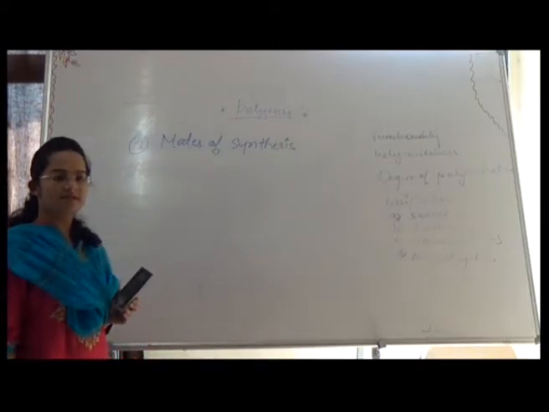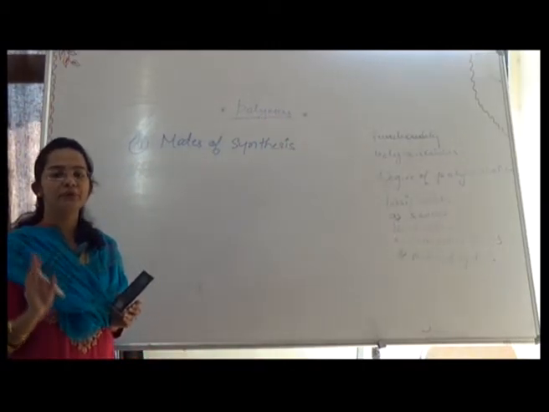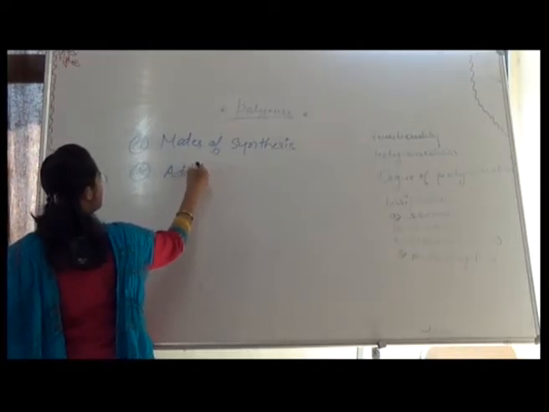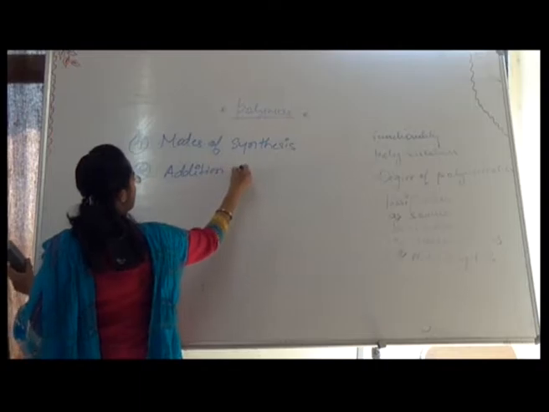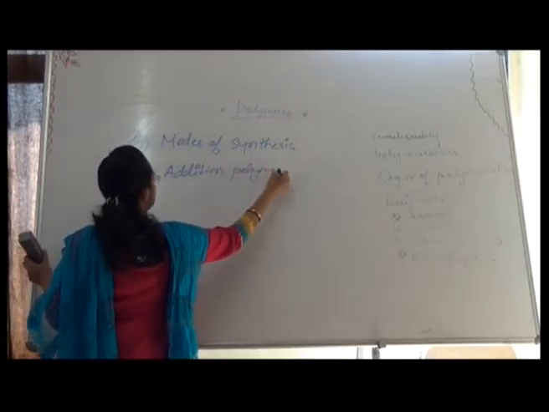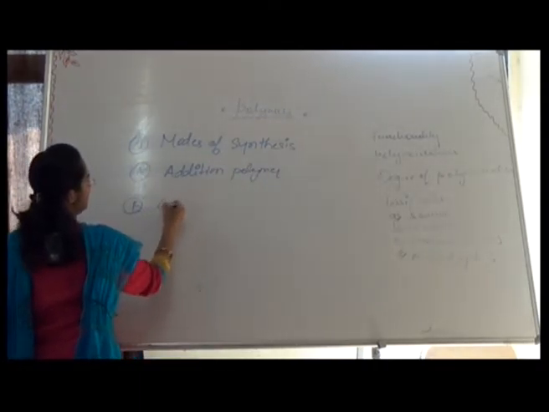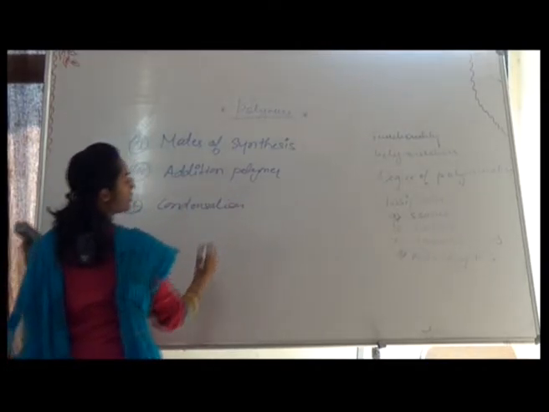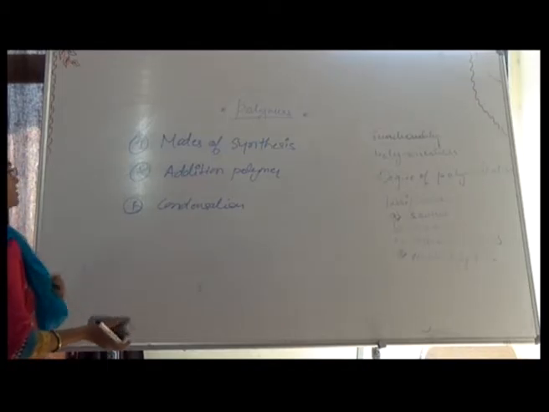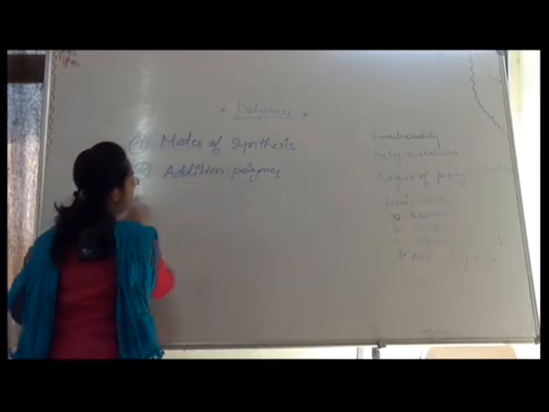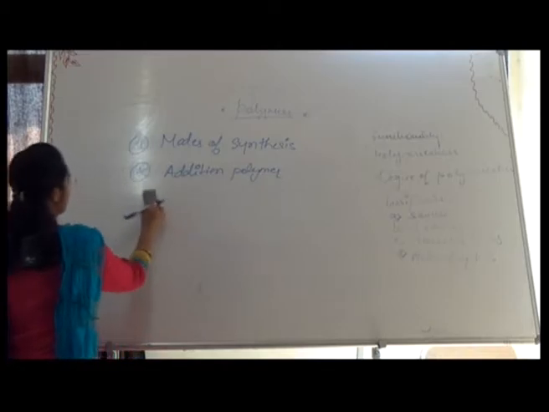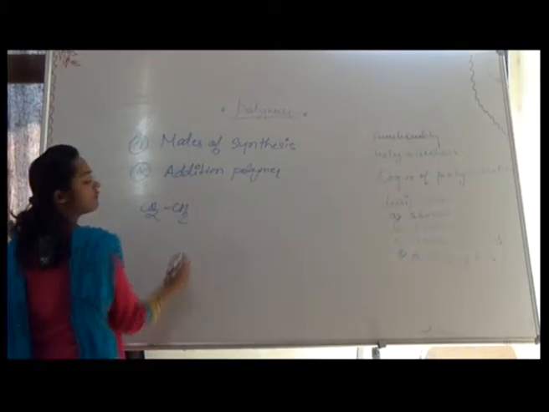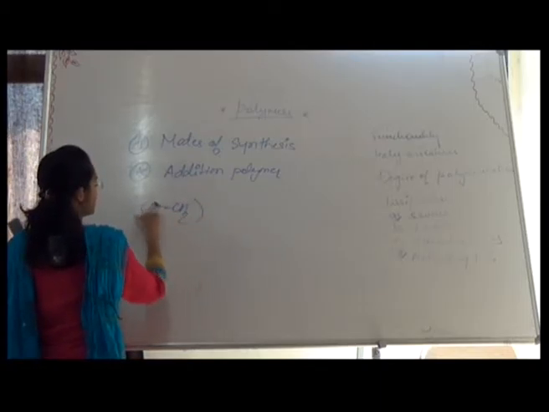According to the modes of synthesis, our polymers are classified into two. The first one is the addition polymer and the second one is the condensation polymer. We will see the addition polymer first. It is simply the addition of monomers.